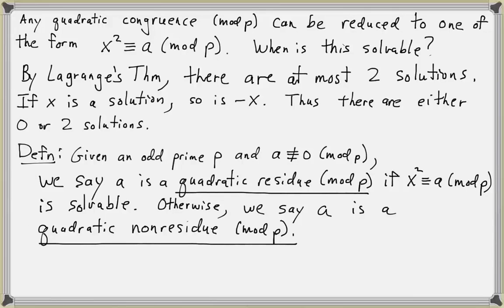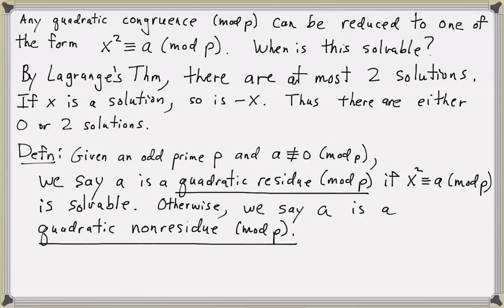So there's quite some history involving quadratic residues. It goes back to the 1700s and 1800s. Gauss did a lot of work on quadratic residues and non-residues, and we've already defined the word residue previously. So the names quadratic residue and quadratic non-residue are kind of misleading.